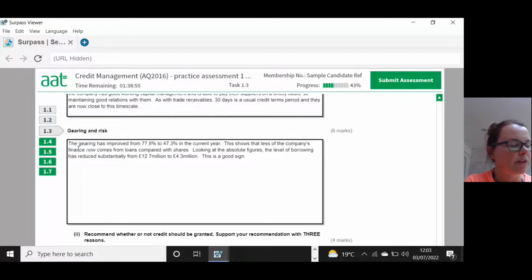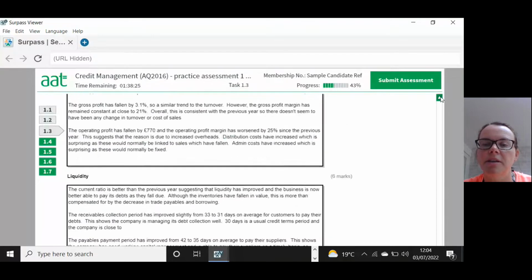Right, then we want to think about the finance risk. So what is this company actually doing? Basically with this business, there has been a substantial reduction in non-current assets.